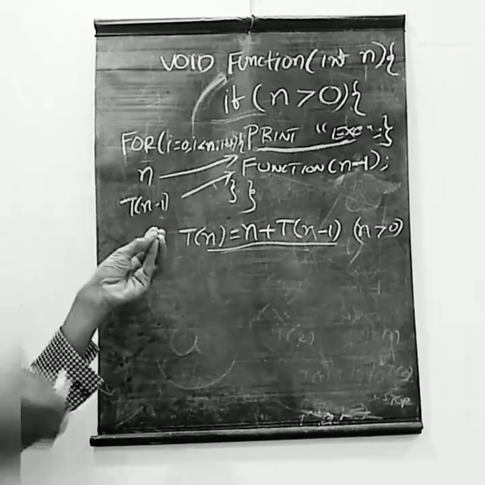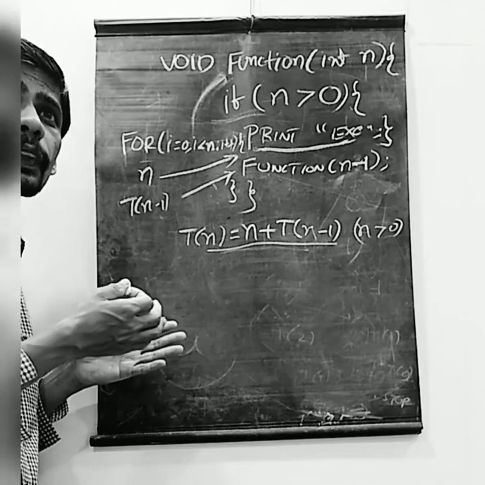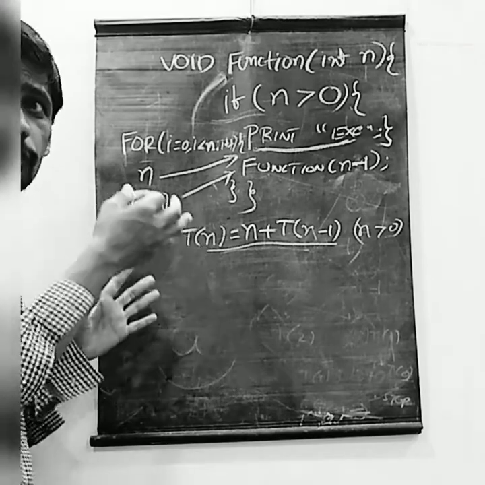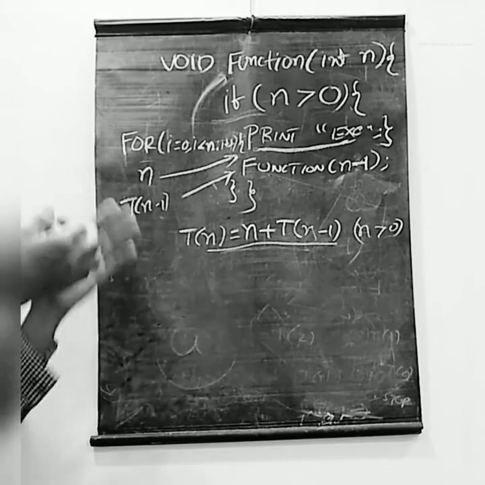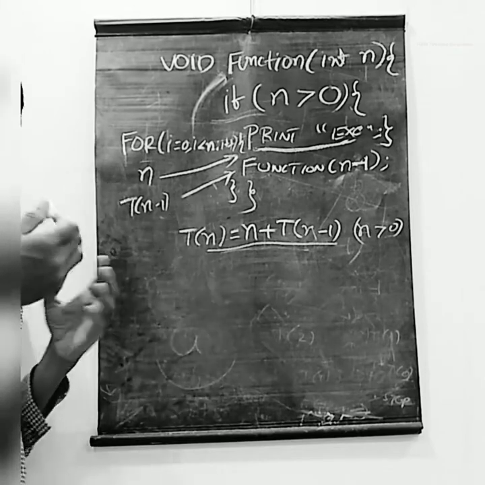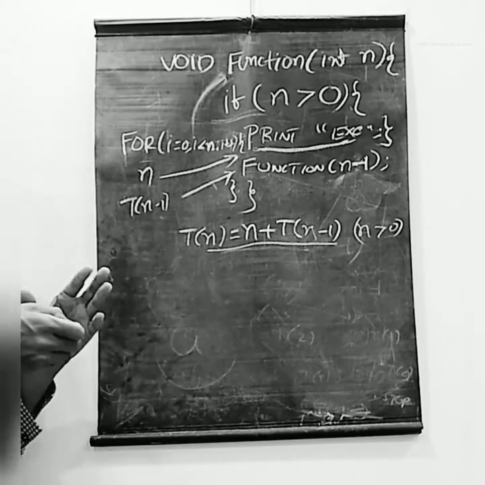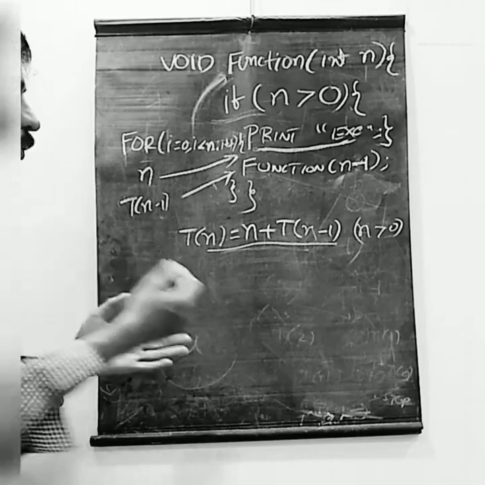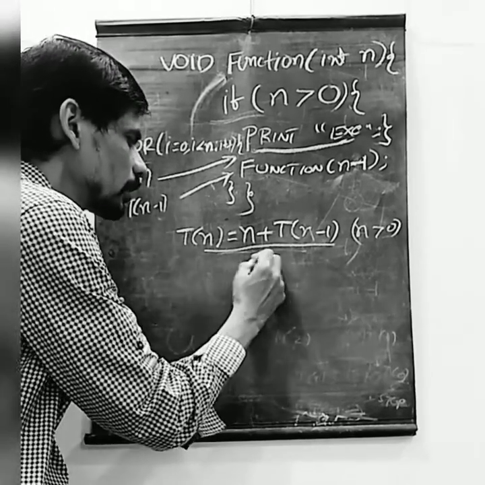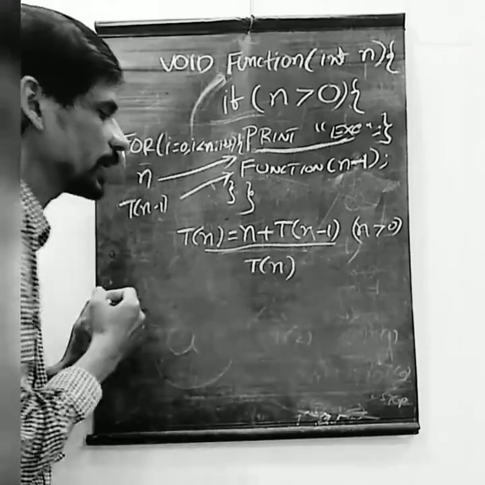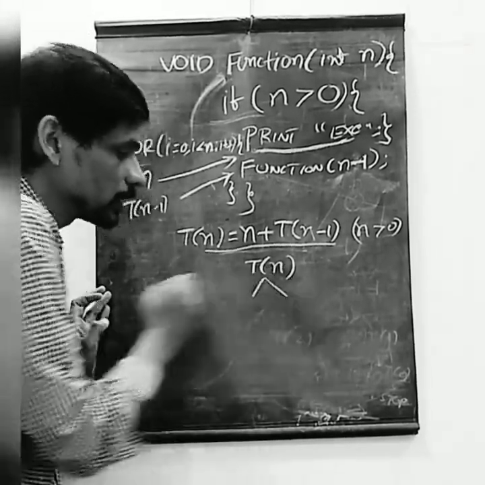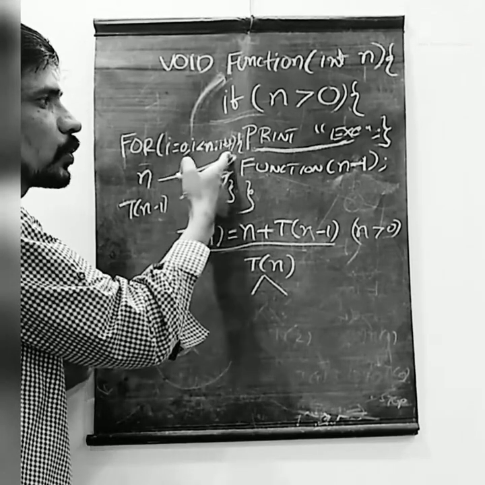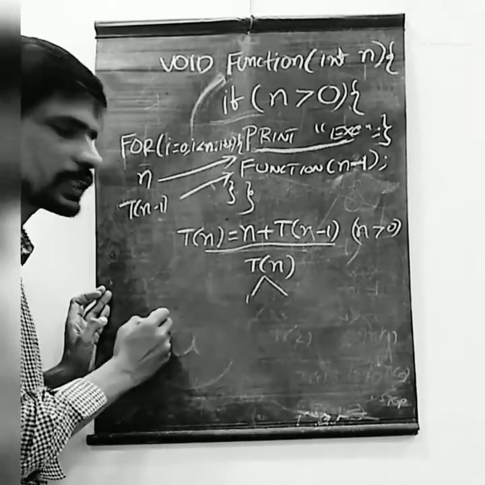So now we will try to calculate the complexity of this piece of code by using the same method, the same recursive tree. Let's imagine I am passing n to this function. What will happen? In the previous case, when there was no for loop, I simply wrote 1.